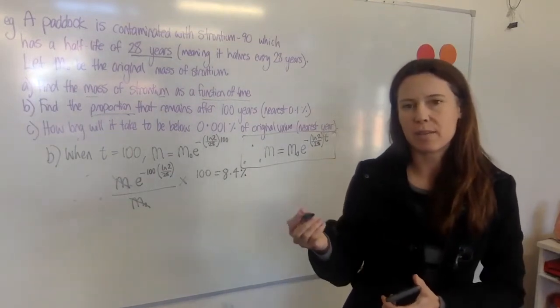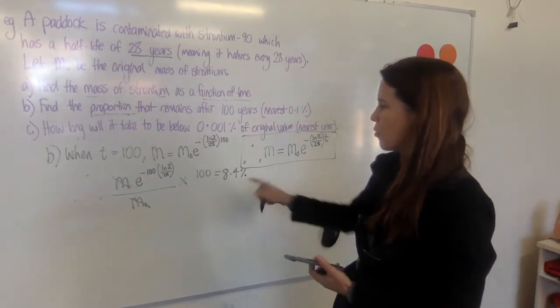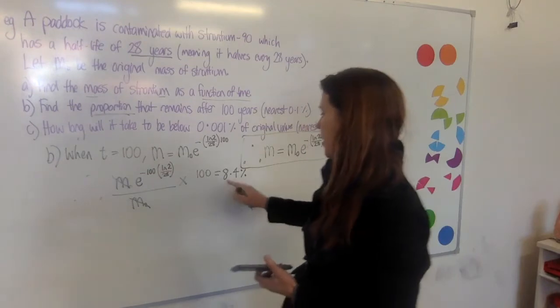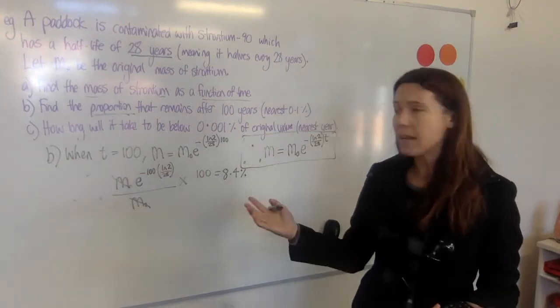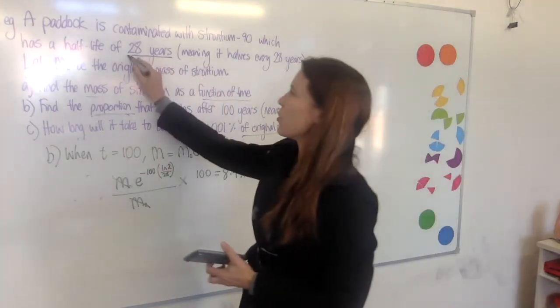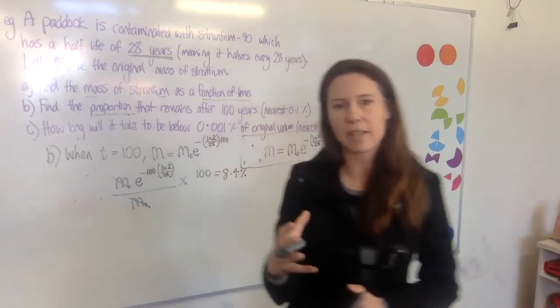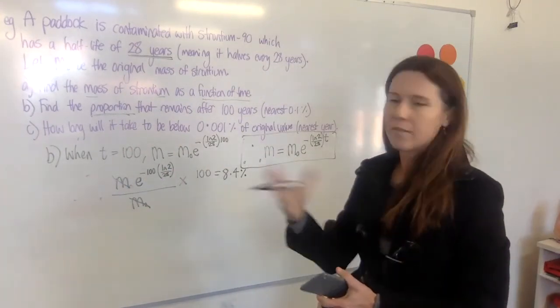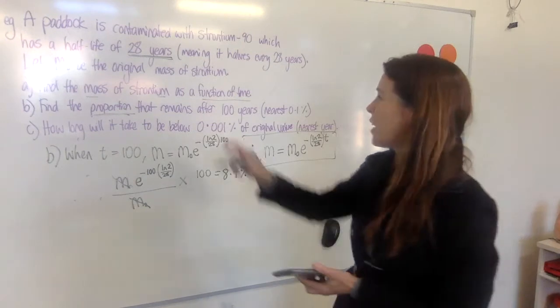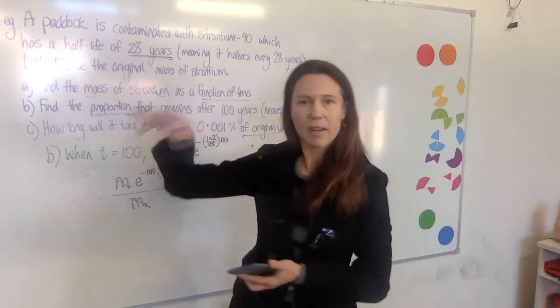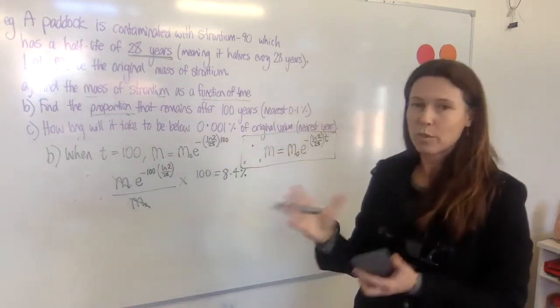Now, when you get your answer, think through whether or not that makes sense. Would it make sense that after 100 years, I've got 8.4% of what I had? Yeah, it's halving every 28 years. So after 28 years, however much I had in the beginning, I've now only got 50% of that. After another 28 years, I would have half of that, which would only be 25%.